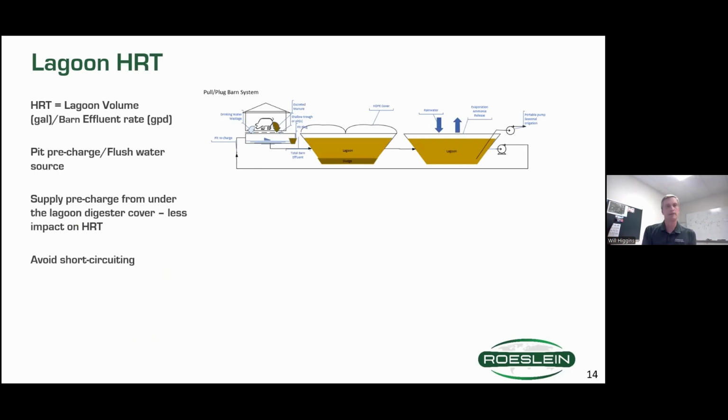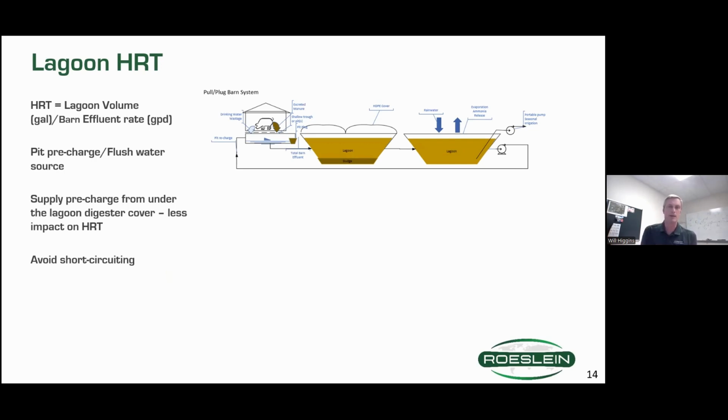And then the final big topic was lagoon HRT. The HRT, hydraulic residence time, is an easy equation. It's your lagoon volume, so how many million gallons you have in your lagoon, divided by what's coming out of your barn. We determine that by how many animals are in the barn and what type of animals. That gives us a manure rate, how many gallons per day.